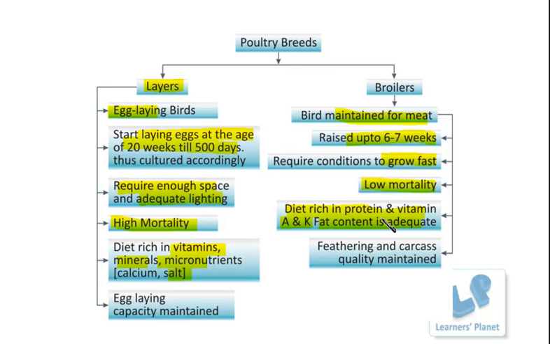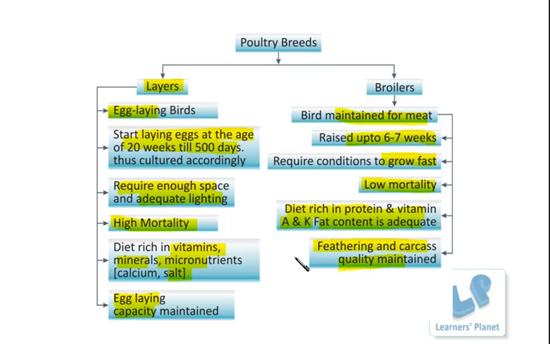Besides this, in the case of layers, all basic conditions are maintained so as to facilitate the egg laying capacity in these organisms. Whereas in the case of broilers, the feathering and carcass quality is actually maintained.